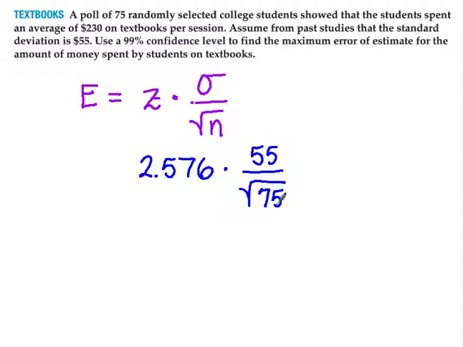That's our maximum error of estimate. So 2.576 times 55 divided by the square root of 75. And what do you get?